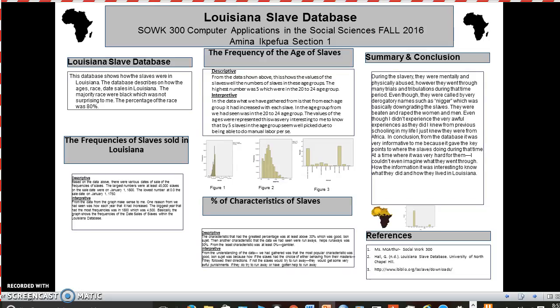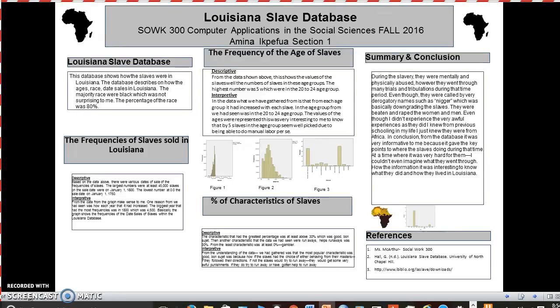From what I've seen in the graph, it makes sense to me, because each year the numbers of slaves increased. But the biggest year was 1800, which I meant to say was 45,000. I apologize. Basically, the graph shows the frequencies of the database of the slaves within Louisiana.